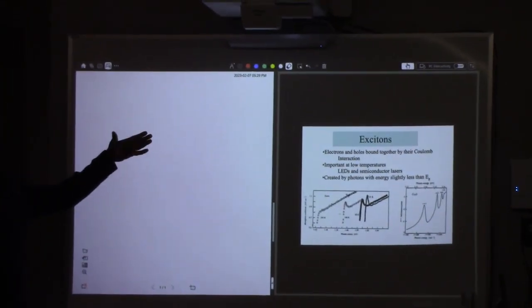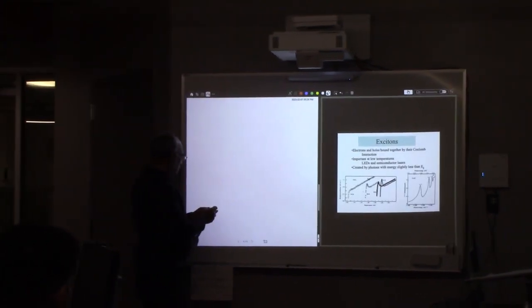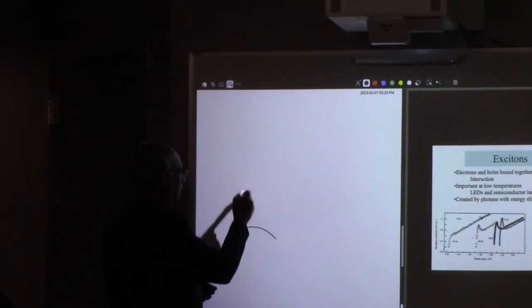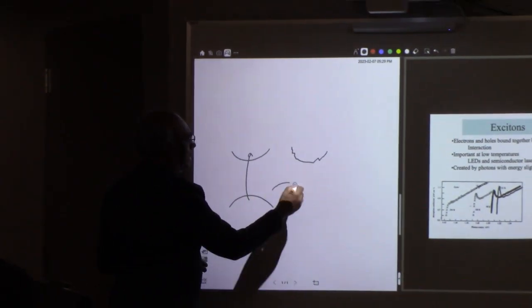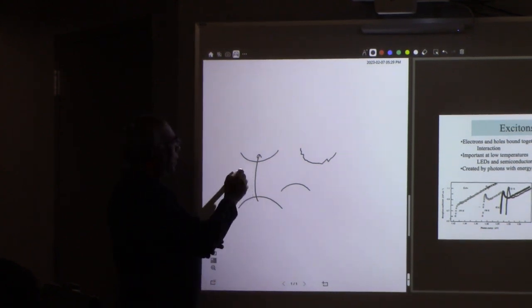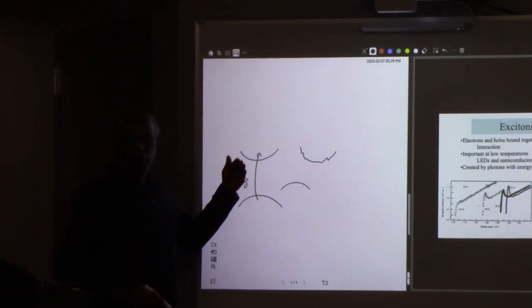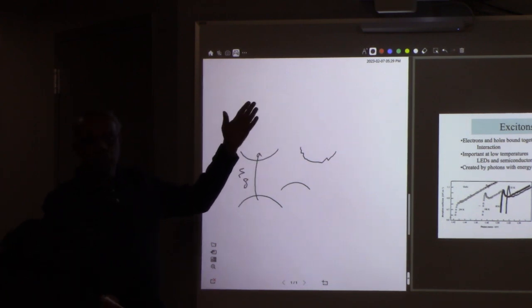So how electrons can move from valence band to conduction band, depending on direct band gap or indirect band gap, right? So then from that we know how to evaluate the band gap by measuring the absorption.